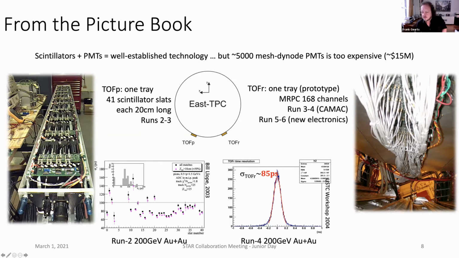In this picture on the right side, you can also see all the old CTB trays that meanwhile have been replaced, because we now have the barrel time of flight.